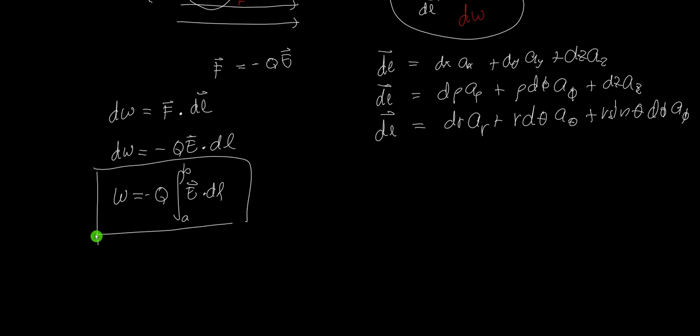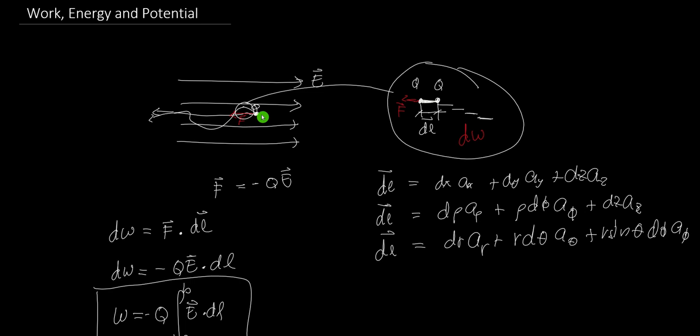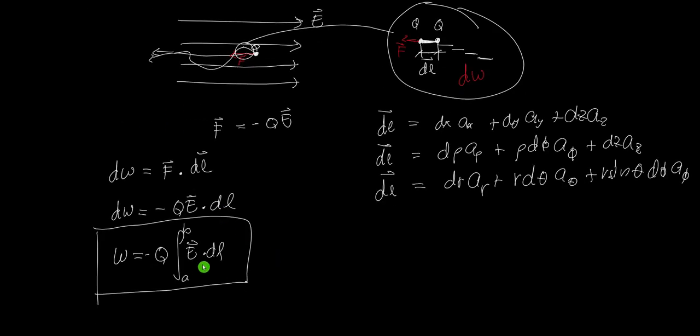This is a line integral from chapter 1. So that's the work done moving a charge from one point to another in an electric field. It's a dot product.